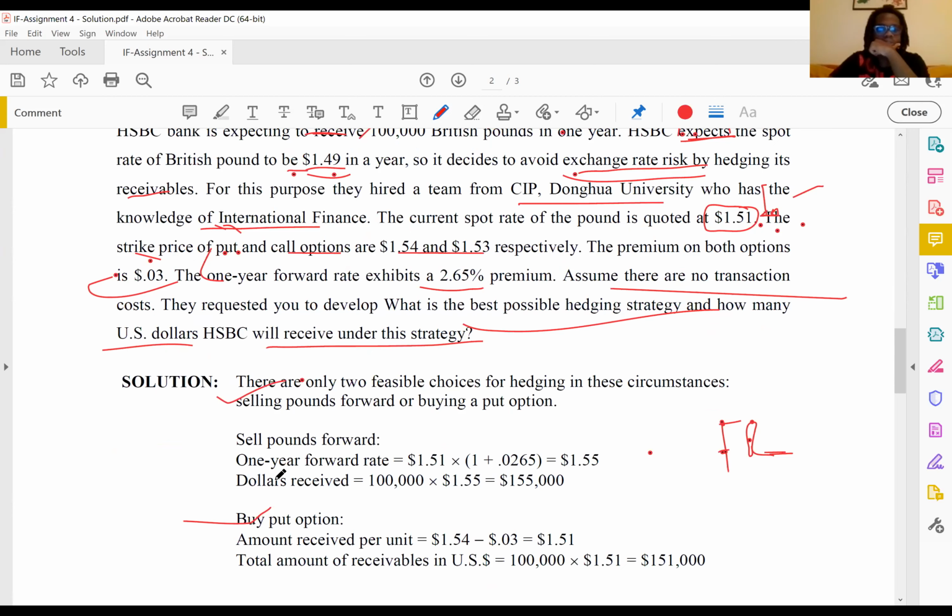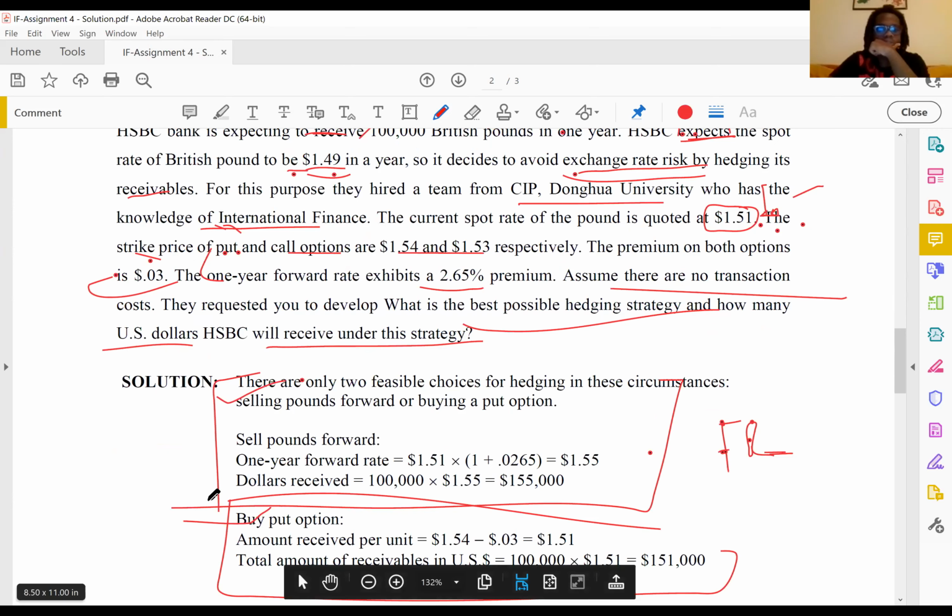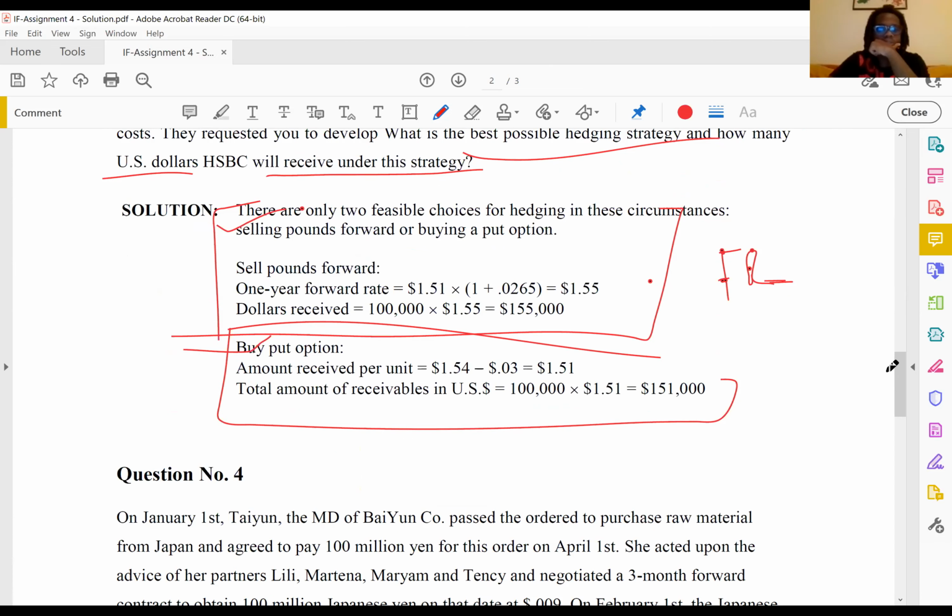So if you answered it with forward, that's good. If you answered it with a put option, that is also good. Either strategy is good. You will notice the answer is different. Why? Because in a put option, you have another layer of cost, that is the premium.